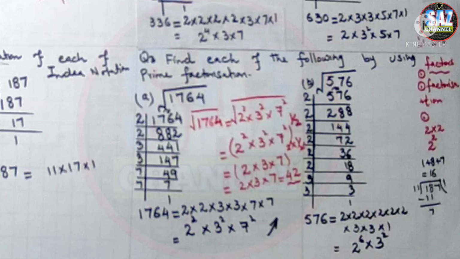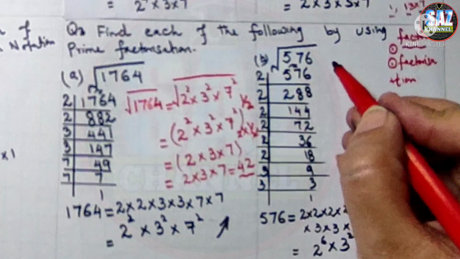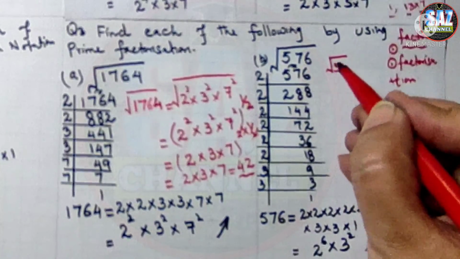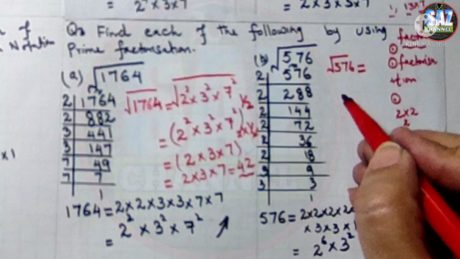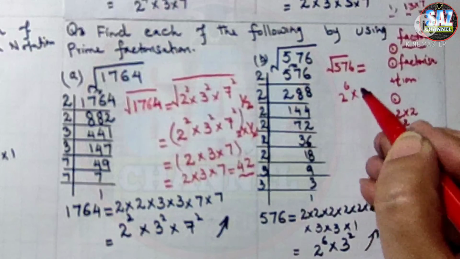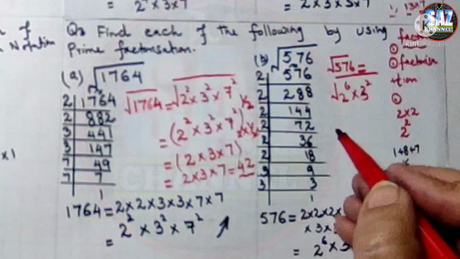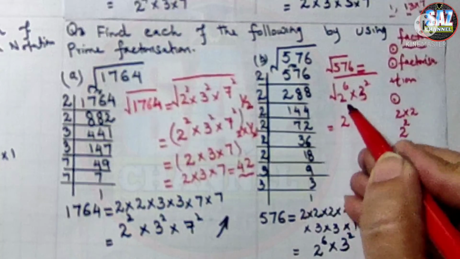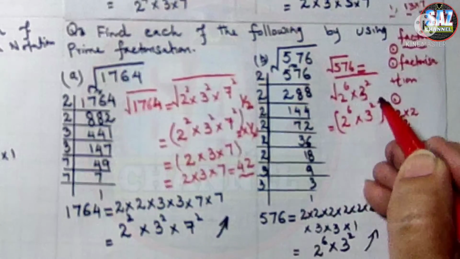Now I have to find the square root of this number, so I will put the square root symbol on both sides. For the calculation, I will write it in the form of a fraction: 2 raised to the power of 6 multiplied by 3 square, raised to the power of 1 by 2.